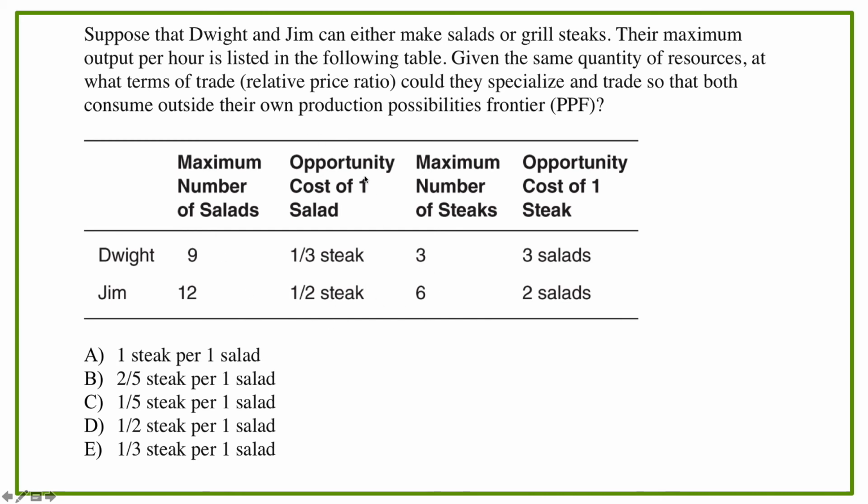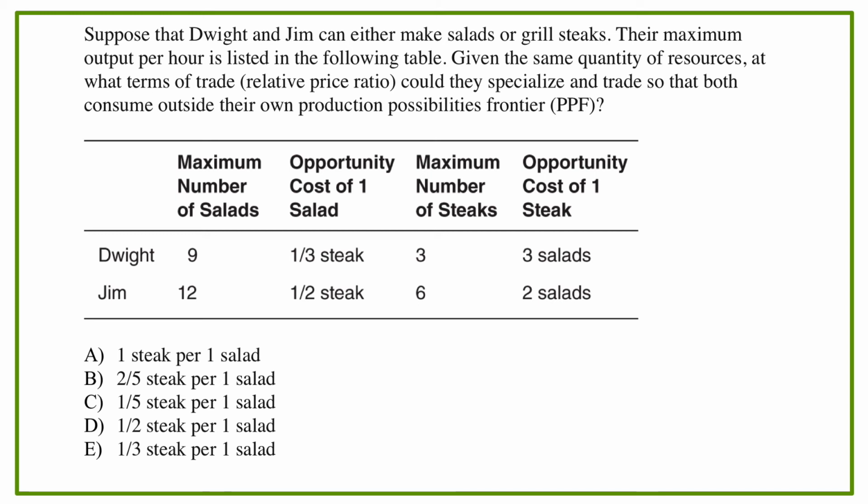So the opportunity cost of 1 salad and the opportunity cost of producing 1 steak is given to you for each person. And the question is asking you, given the same quantity of resources, at what terms of trade could they specialize and trade so that both consume outside their own production possibilities frontier? So basically, you have to find the terms of trade which makes both parties better off. So it cannot be equal to the extreme ends of the opportunity cost.